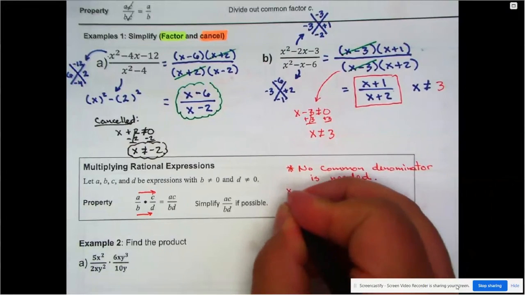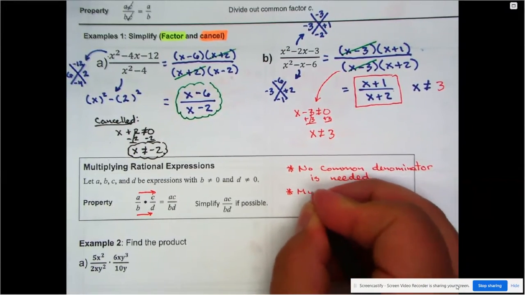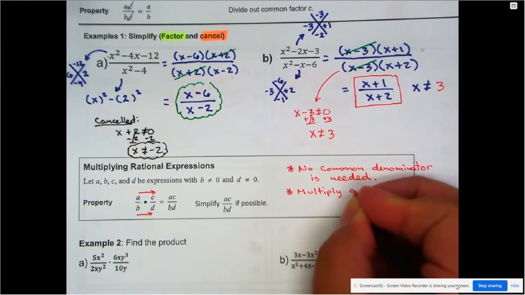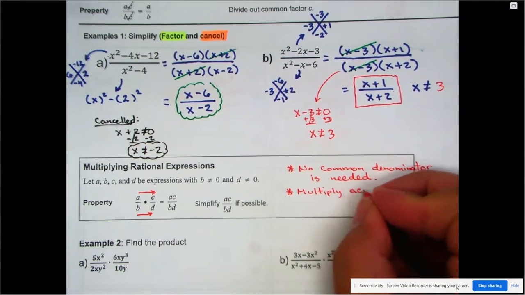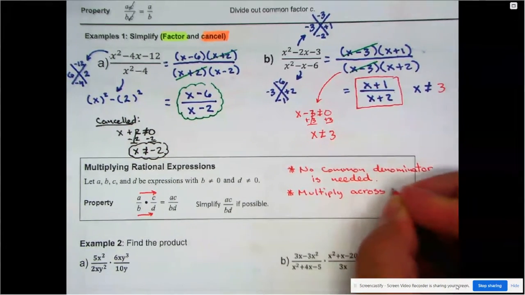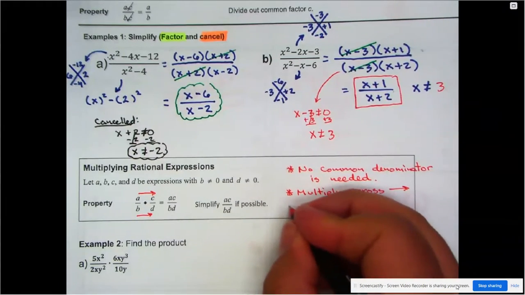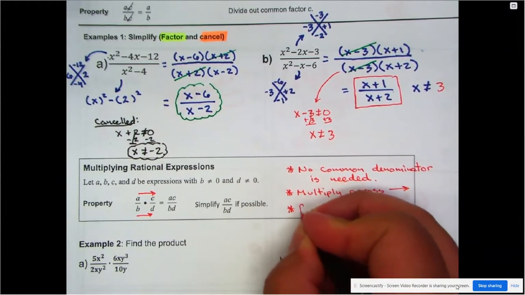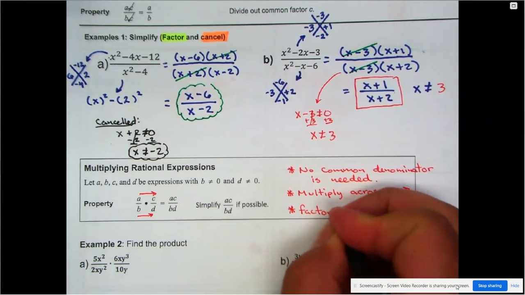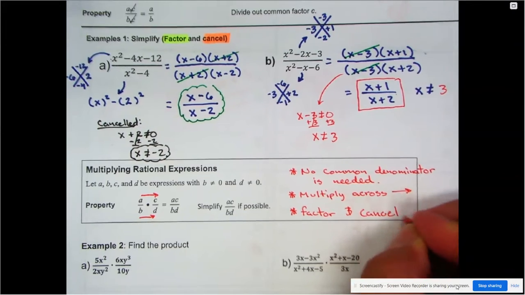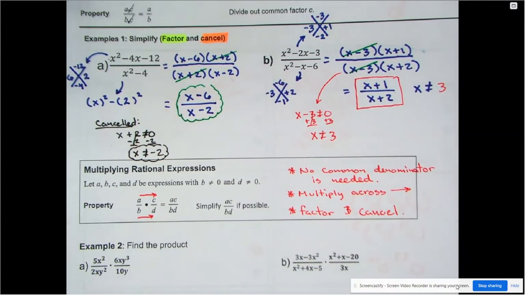So what we're going to do is multiply across, not cross multiply, across: the top with the top, the bottom with the bottom, just like that. And the last thing we need to remember is we're going to factor and cancel, because that's our goal here. Just like we did on top, if I want to simplify a fraction, I want to factor and cancel this out.